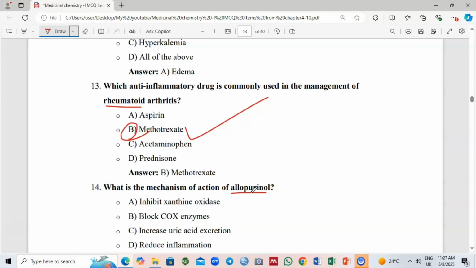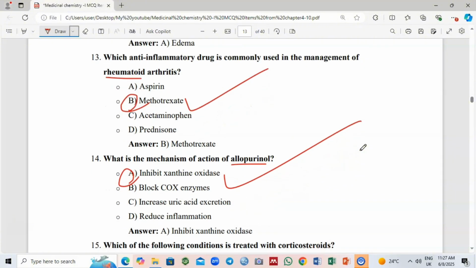As you know, allopurinol has a great effect on the conversion of purines to uric acid, which is excreted from our body. Xanthine oxidase is responsible for this conversion, and allopurinol mainly inhibits xanthine oxidase, because accumulation of uric acid, or hyperuricemia, in our blood can become very high, which can lead to the disease called gout.